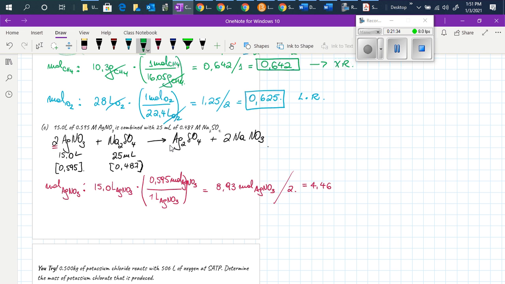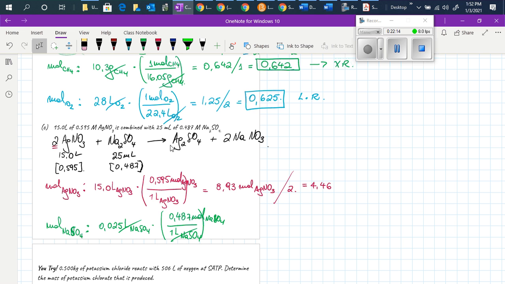Next one is identifying the moles of sodium sulfate, not nitrate, sodium sulfate. So we'll start with what is given, 0.0225 liters of sodium sulfate, using the concentration, 1 liter of sodium sulfate is 0.487 moles of sodium sulfate.